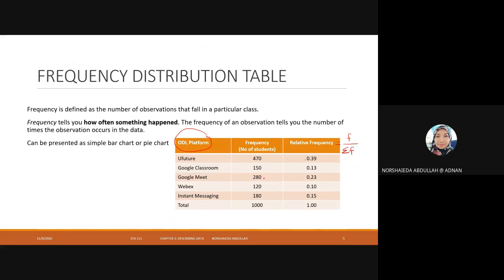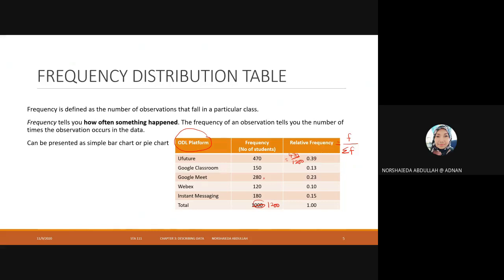So for UFuture, it is 470 over 1,200. Sorry, I think the total here is actually 1,200. So we get a relative frequency of 0.39.